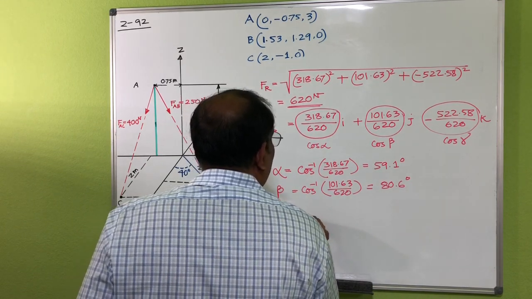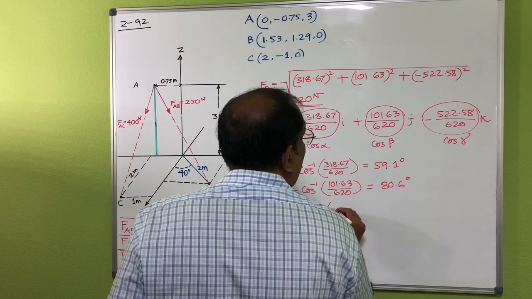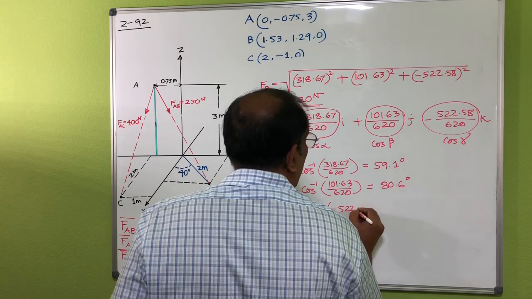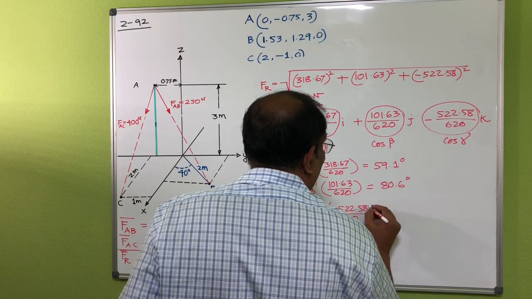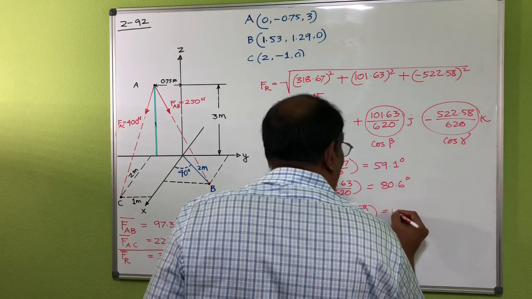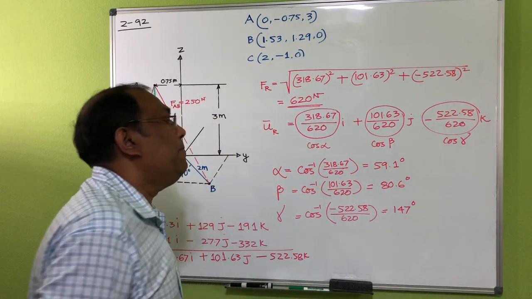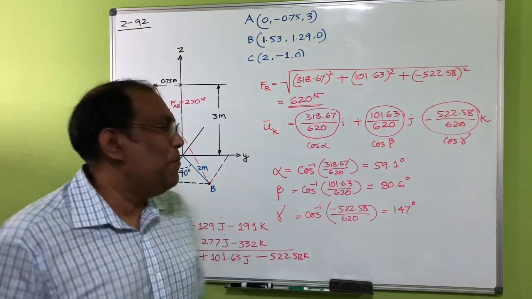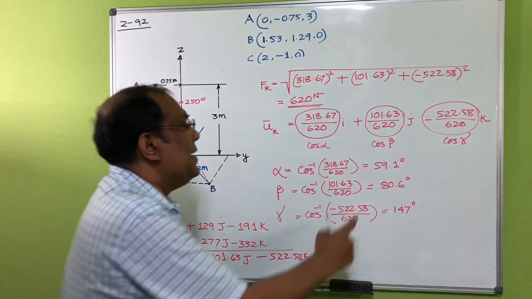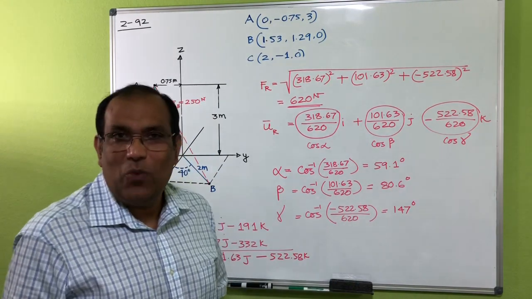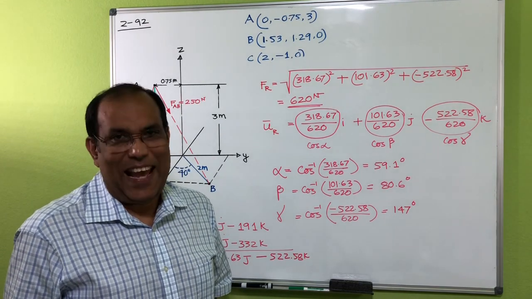And gamma is cosine inverse minus 522.58 divided by 620. That's actually 147 degrees. Okay, so the resultant vector makes 51.1 degree with the x-axis, 80.6 degree with the y-axis, and 147 degrees with the z-axis.